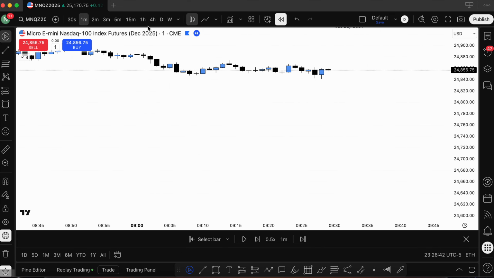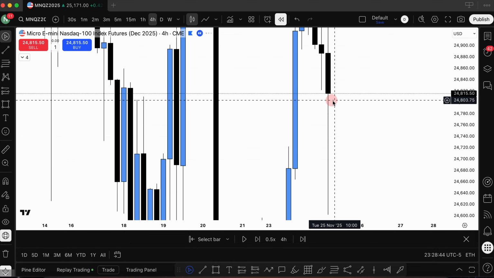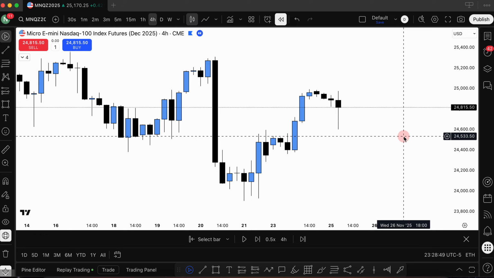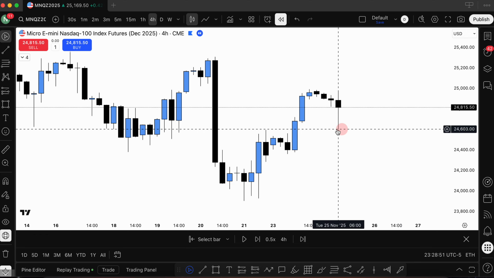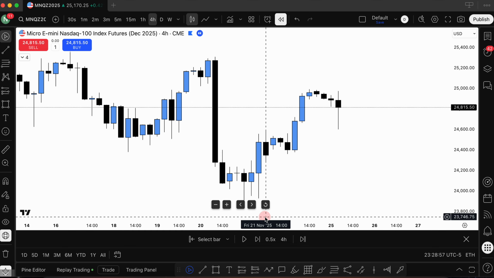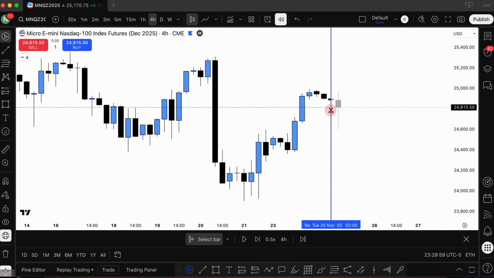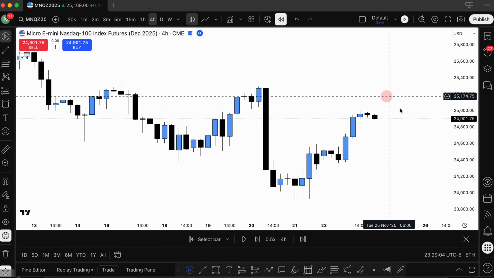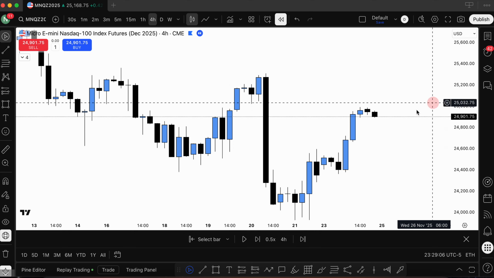So just before the New York session opens, I'm looking at the higher time frame. TradingView is not recording this correctly. This candle did not exist before market open, so it's giving the wrong impression here. It was more like something like this.